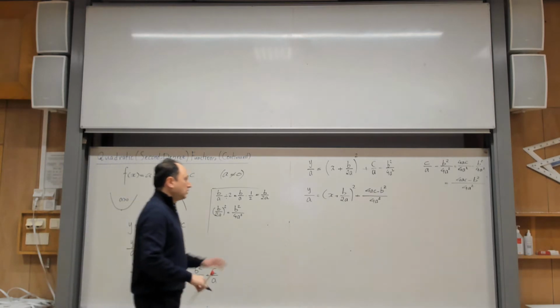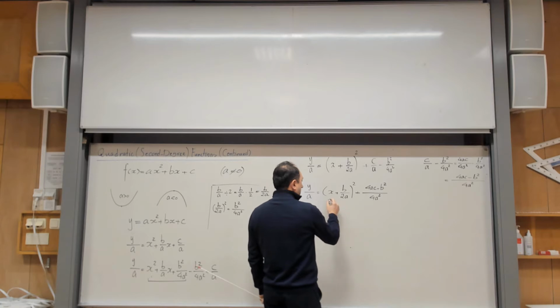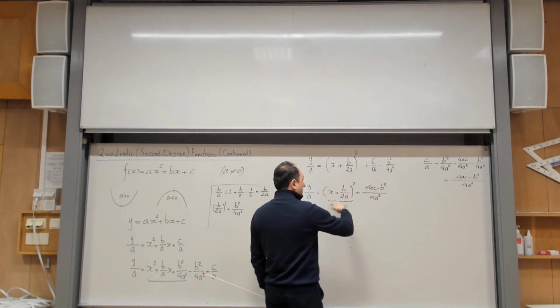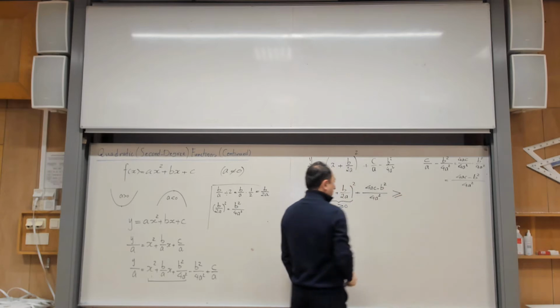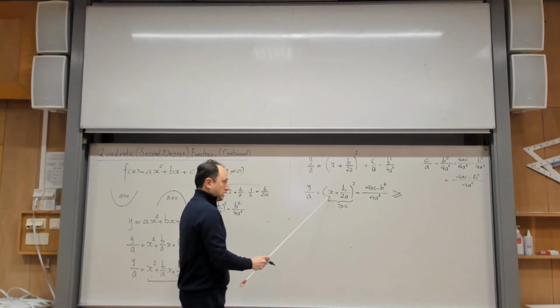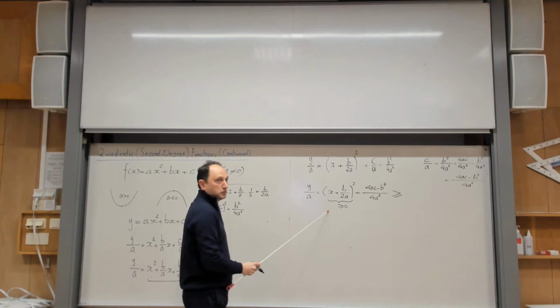Now, I hope that you agree with me. This number is non-negative because it has an even power. So this means that this whole combination that you see here is greater than or equal to what? Can you tell me? Whatever x is, I don't know what x is, but I don't care, because whatever x is, this whole combination is a non-negative number.